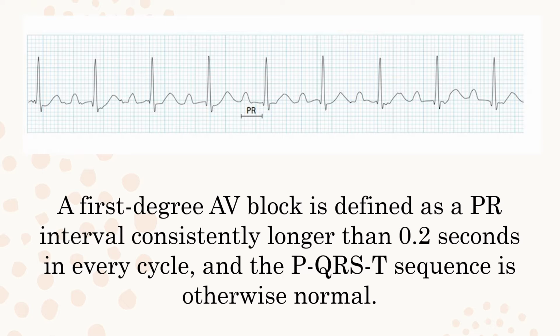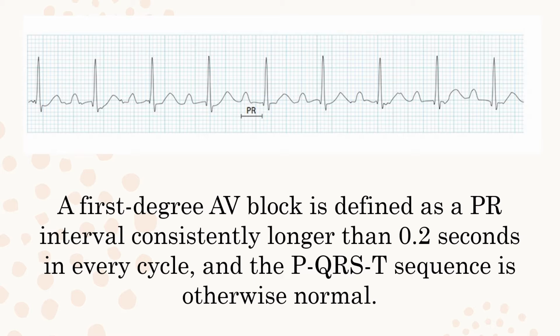So if you remember, the PR interval is normally 0.12 to 0.20 seconds. And your small boxes are each worth 0.04. So greater than 0.2 means that you have 5 small boxes. Your PR interval is greater than 5 small boxes, or 1 large box, essentially. So a PR interval consistently longer than 0.20 seconds indicates a first degree AV block.